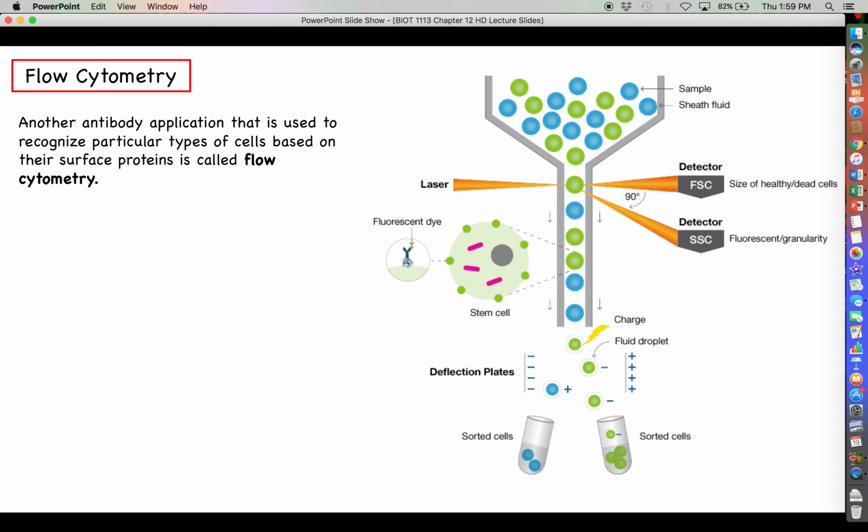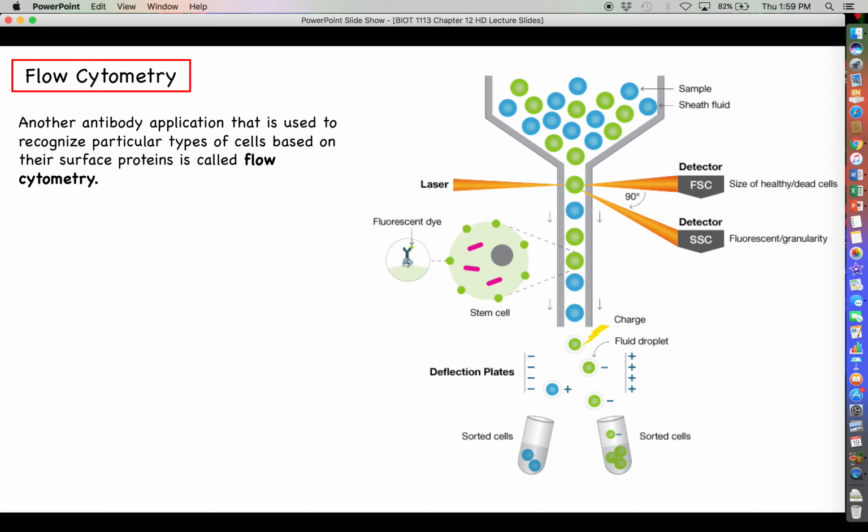So if we decide to use antibodies for flow cytometry, we can take a suspension of cells and introduce a particular antibody that recognizes a protein that is on the surface of some cells but not most cells.